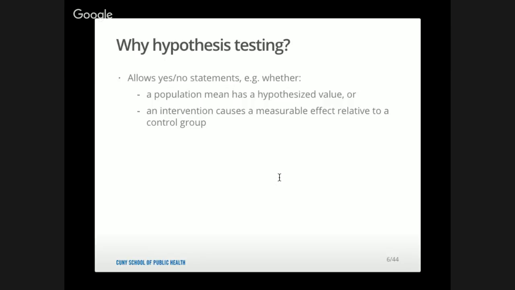All right, hypothesis testing. Why do we do it? We do hypothesis testing when we want to make yes or no statements, such as whether a population mean has a hypothesized value, or, for example, whether an intervention causes a measurable effect relative to a control group. So it's things where we don't necessarily want to say something about magnitude, but we just want to say yes or no to a hypothesis such as these.